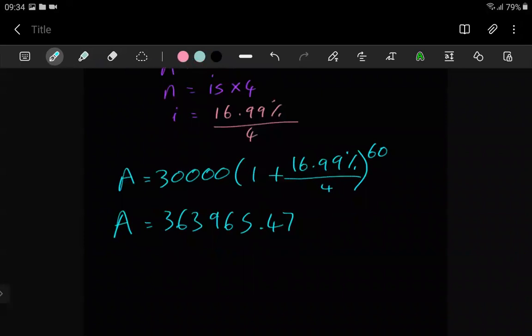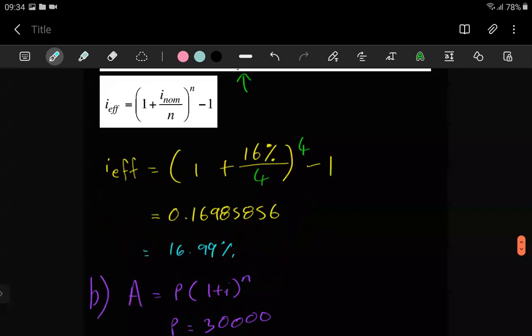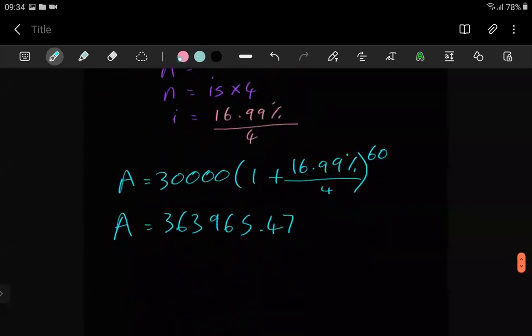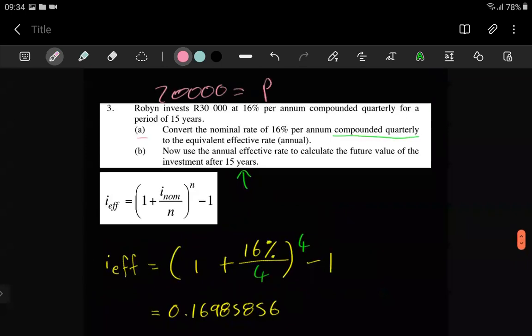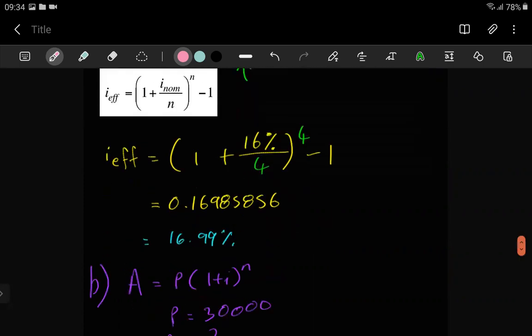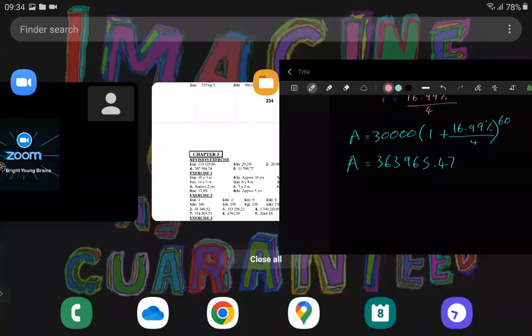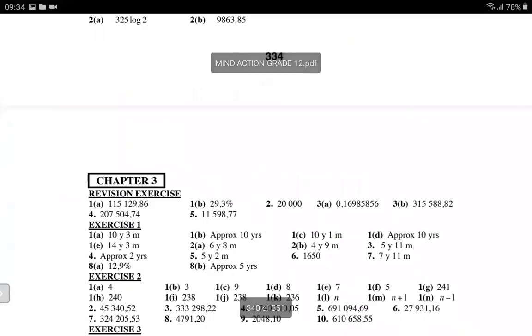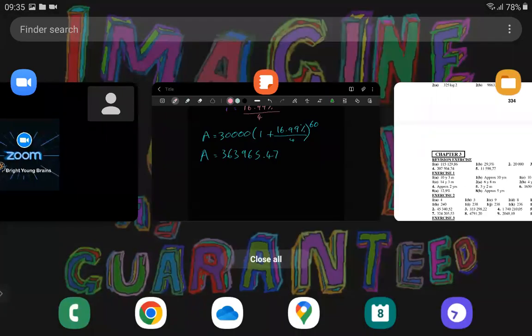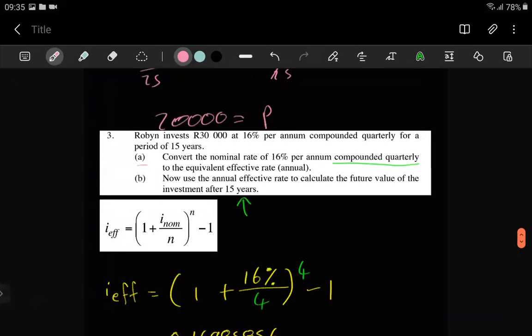Maybe it's just a normal 16 and not the percentage. Let's put 16 here instead of the 16.99 and see what that gives. It gives me 315,588. I was just wondering, why would you use that?